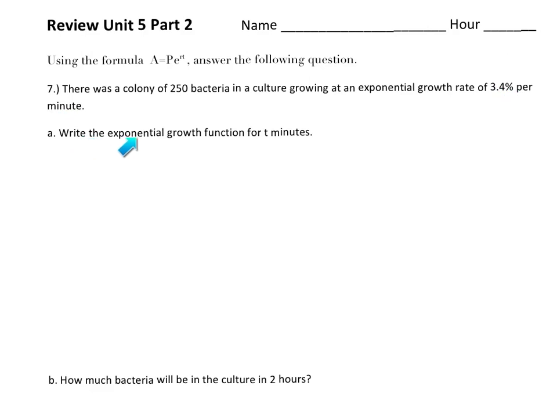Okay, so it says write the exponential growth function for time t. Pause the video, and I want you to identify the A and the P and the r and the t and write it as an exponential growth function. Now, when I say exponential growth function, that means it's going to be f of t equals what? Okay, go ahead and pause it, and you finish that out.